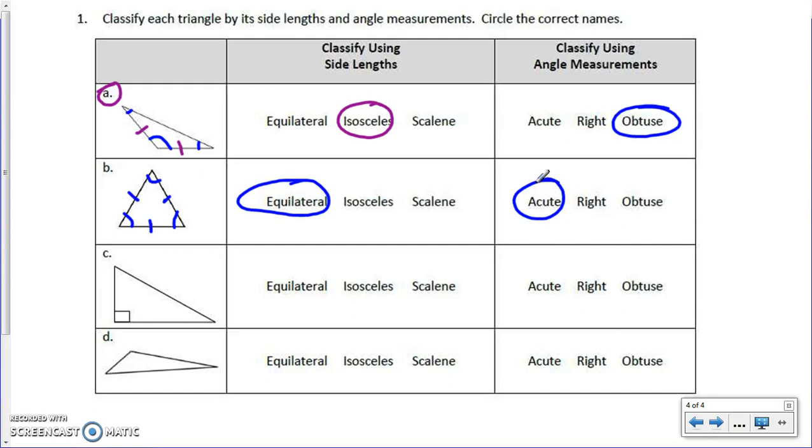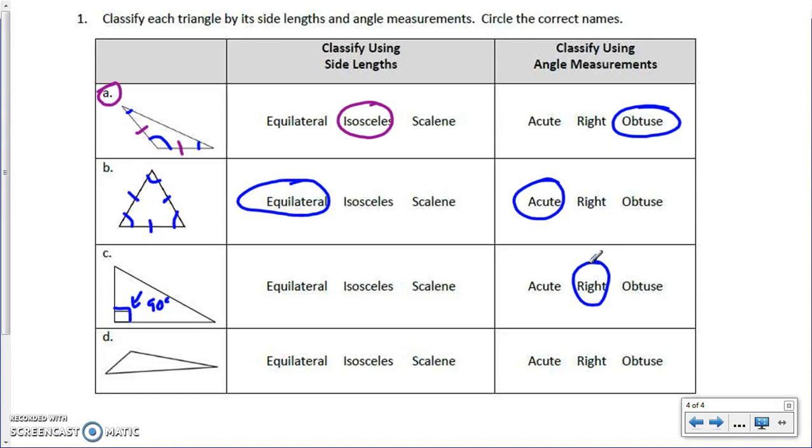Now for C, something should jump out at you right away. Should be this little box in the corner, which tells us we have a 90-degree angle. So I'm actually going to start with classifying using angle measurements first. When we have one right angle, we have a right triangle. Pretty straightforward. Now if you look at this picture, there's no dashes or lines drawn at any of the side lengths.